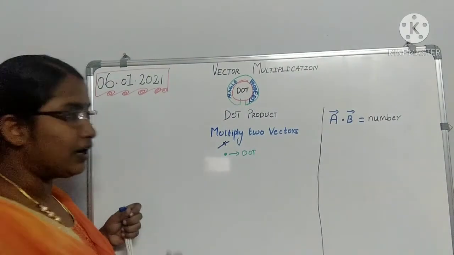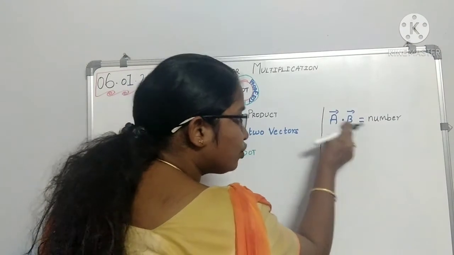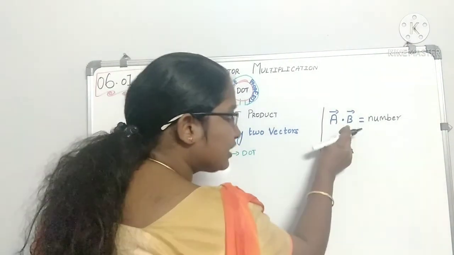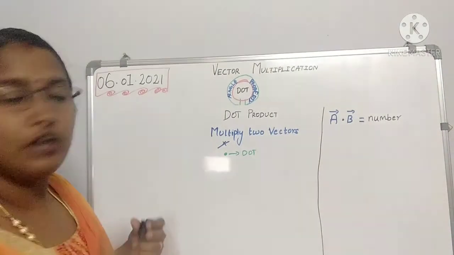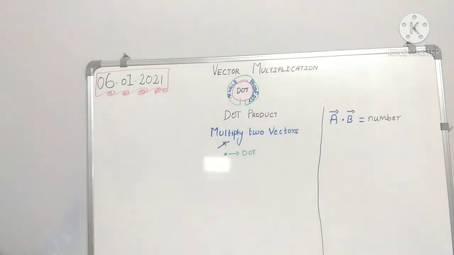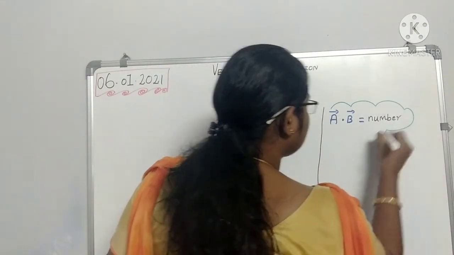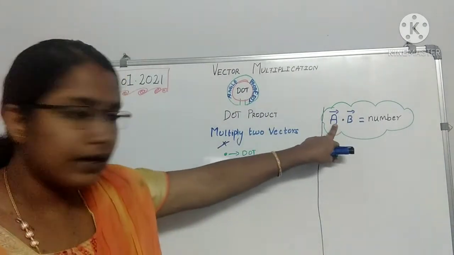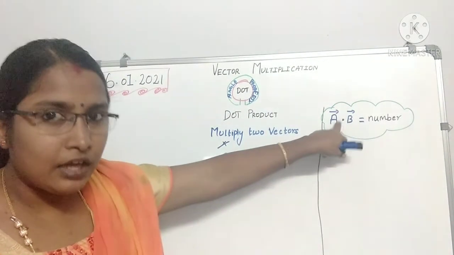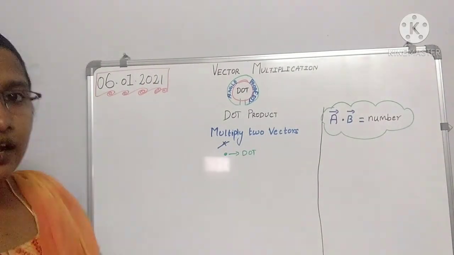If you are multiplying these two vectors, you will be getting a number. This is the formula for dot product. Remember this formula: A vector dot B vector will give you the number.